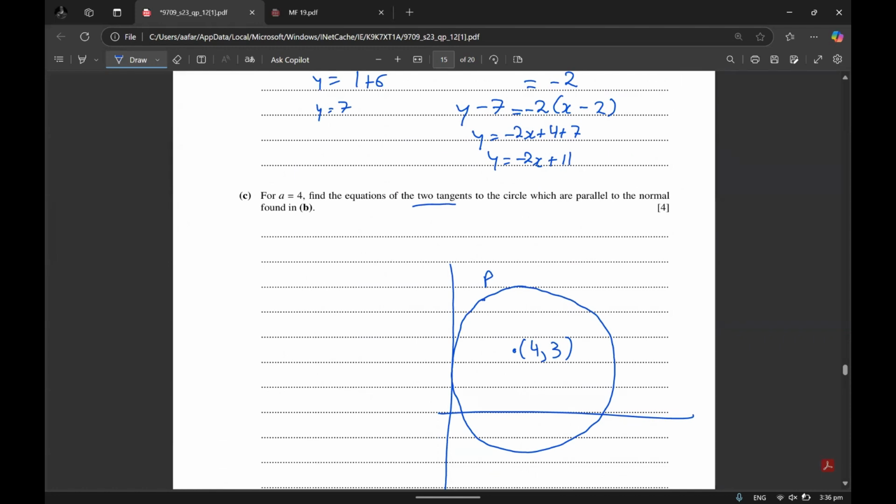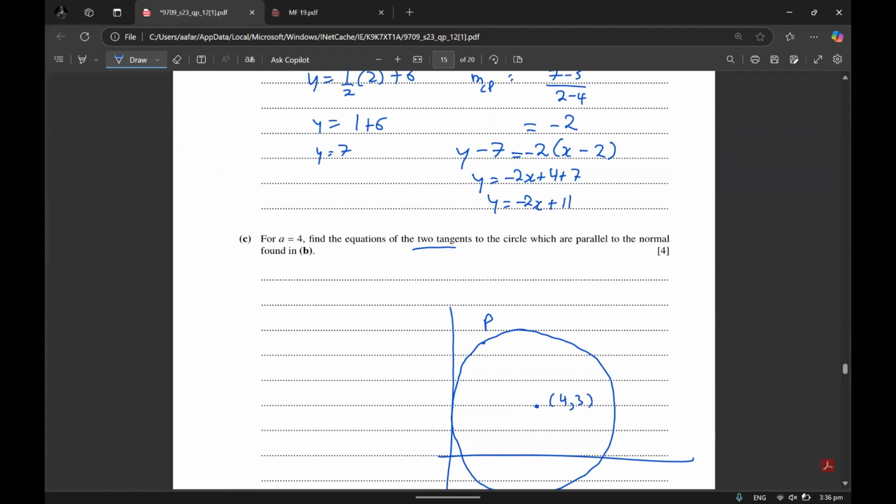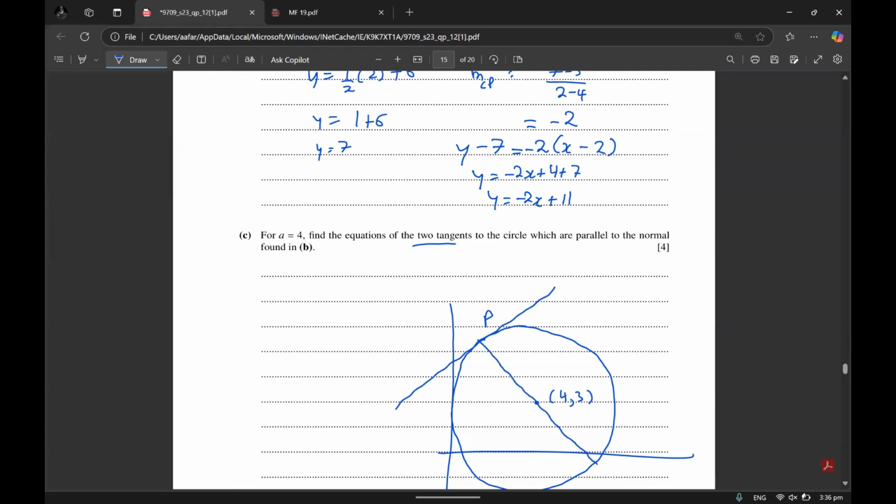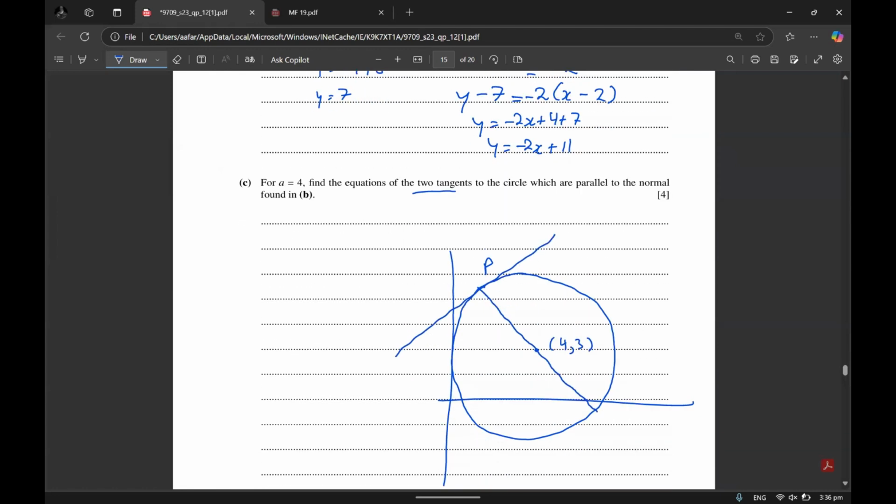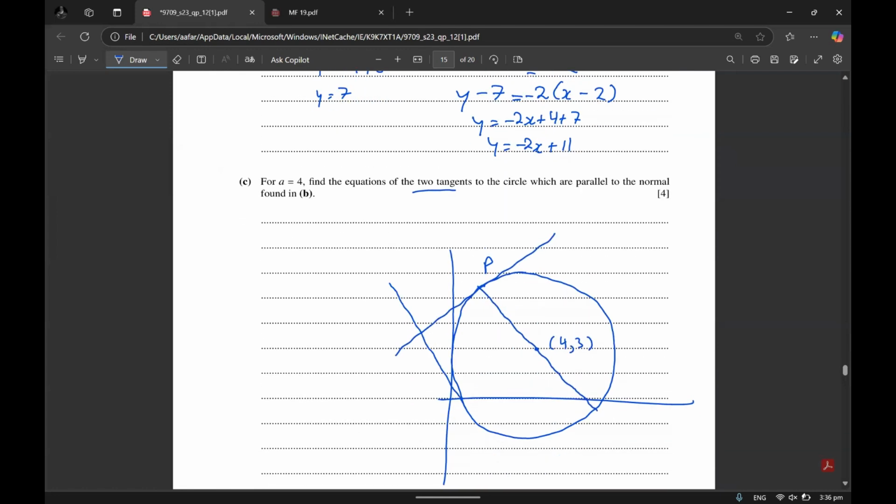Okay. So we have this line of P, and this is the normal which we figured out. And now they've asked us to find the equations of these two tangents, which are parallel to the normal.